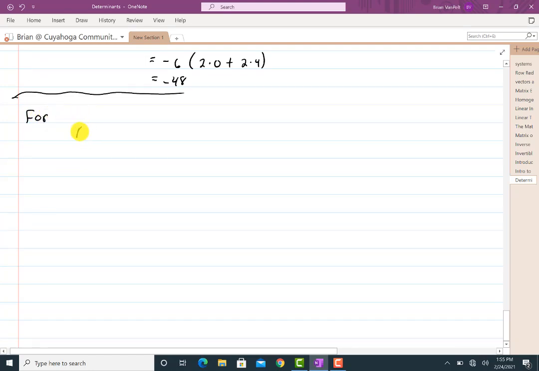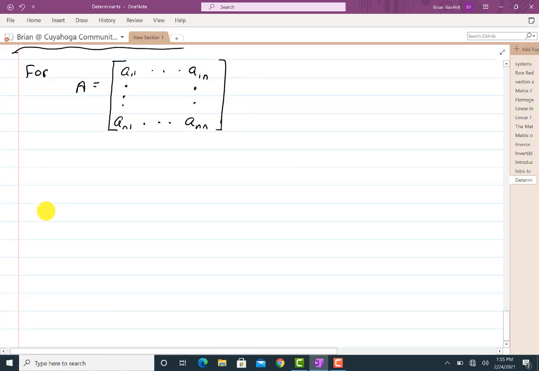For A equal, let's just set it to A11, A1N, AN1, ANN. So when dealing with a matrix of this size, we need to define something.